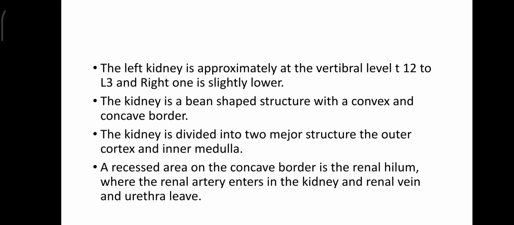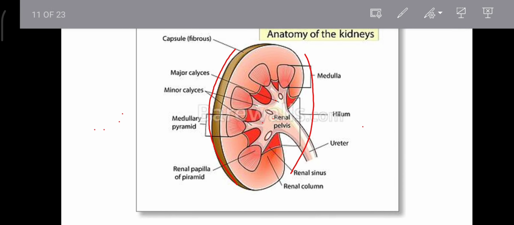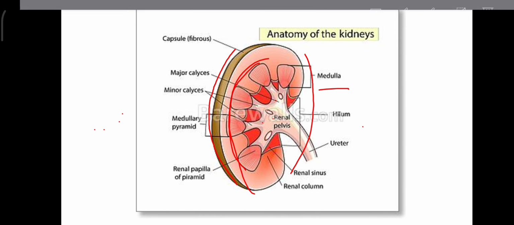The kidney is divided into two major structures, the outer cortex and the inner medulla. In this picture, you can see the inner medulla and the outer cortex portion.